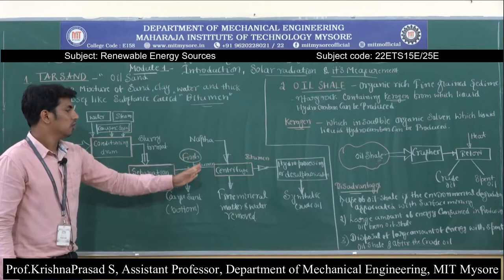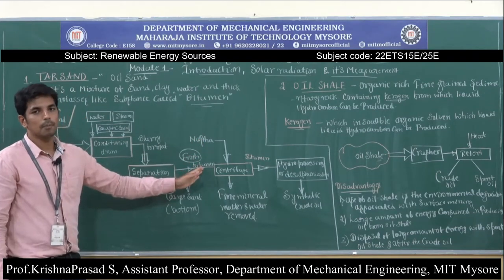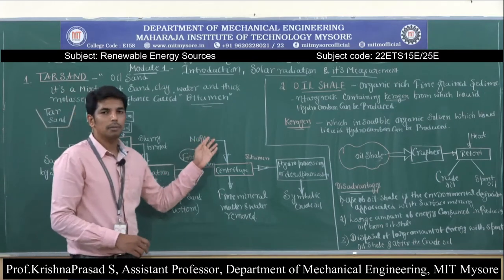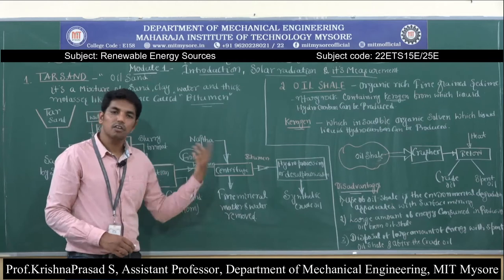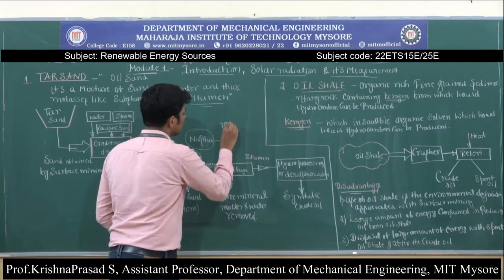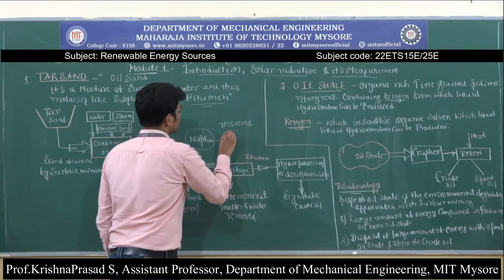Then the naphtha combines with the bitumen. After the centrifugal action, the naphtha can be recovered and recycled, that is, reused.